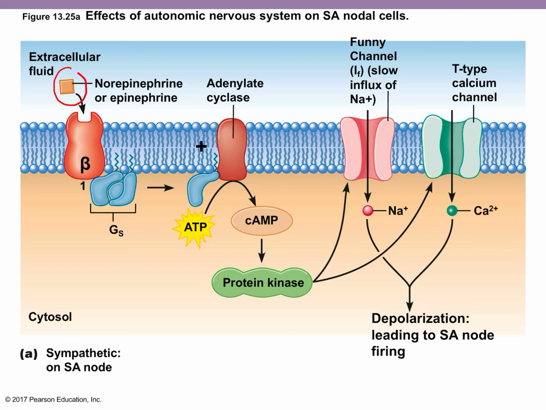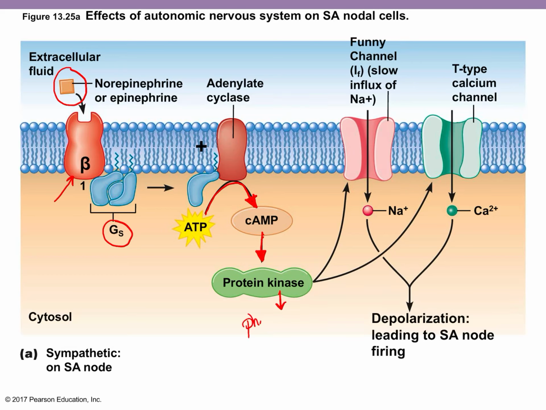So this is the flow chart, right? So this is your norepinephrine or epinephrine. This is your beta 1 adrenergic receptor. This is a G protein coupled receptor. And the flow should look very familiar to you, right? Our G protein is going to activate adenylate cyclase. Adenylate cyclase is going to break down ATP to make cyclic AMP.